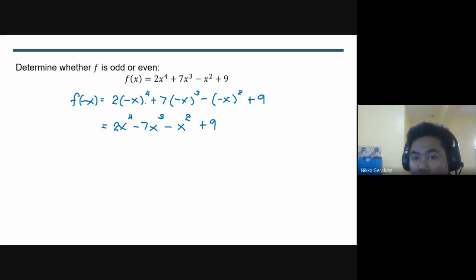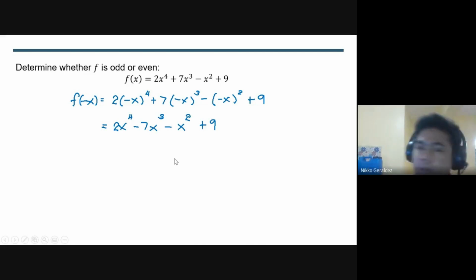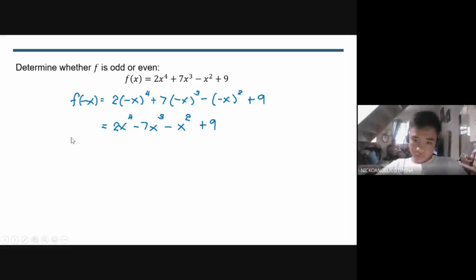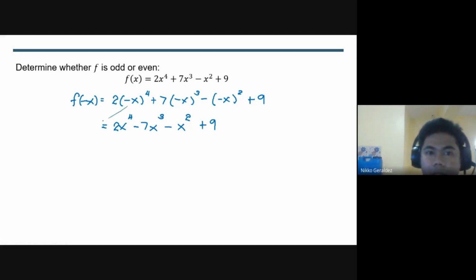Right? Let's check the resulting values if they are equal to the given function. First term, 2x raised to 4, check. Negative 7x cubed versus positive 7, so they are not the same in the second term.